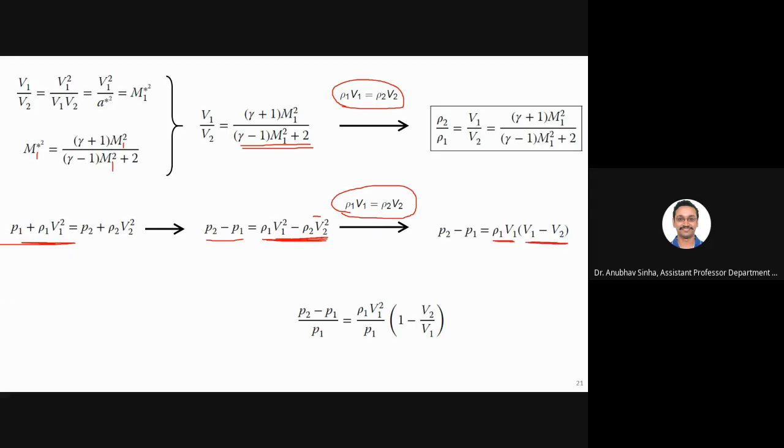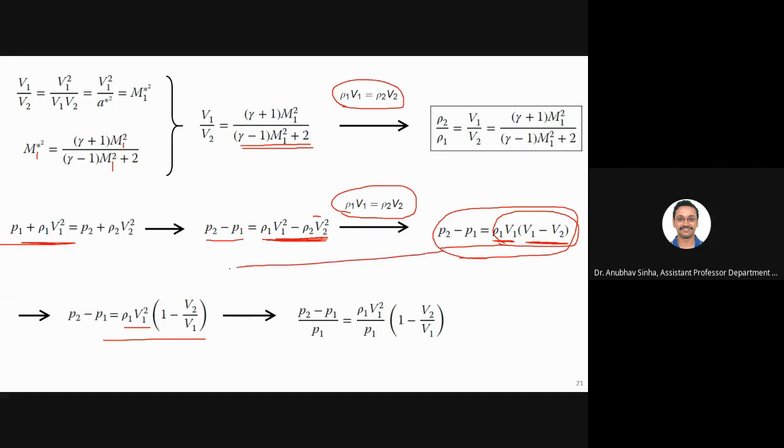Now from this relation, I can say delta P is equal to rho 1 V1, take V1 again common, so it will become rho 1 V1 square times 1 minus V2 by V1. I'm just taking V1 common, that's it, and we'll end up with this.